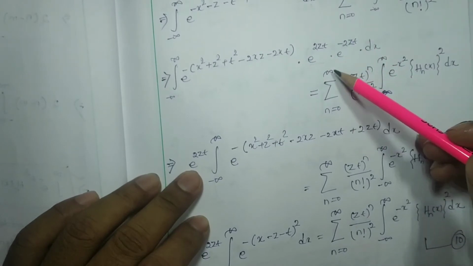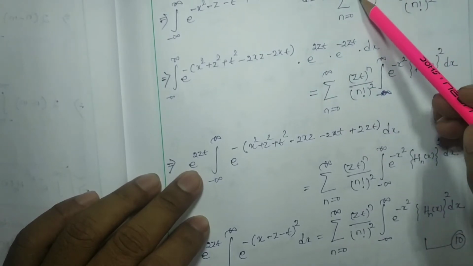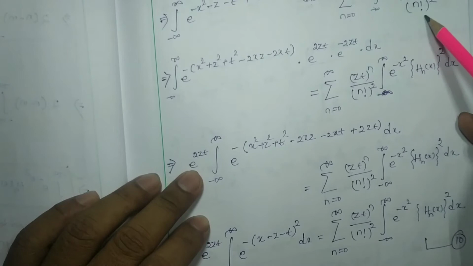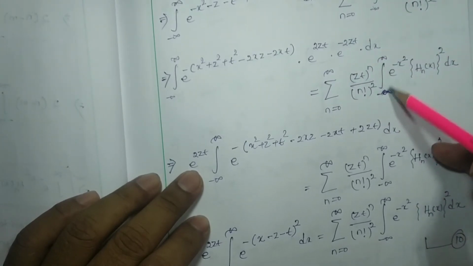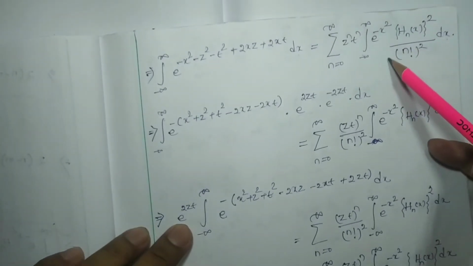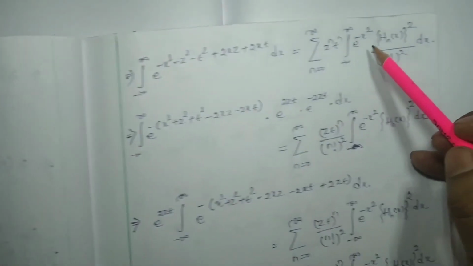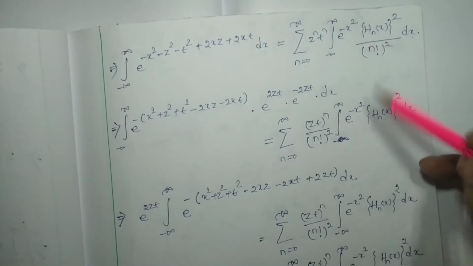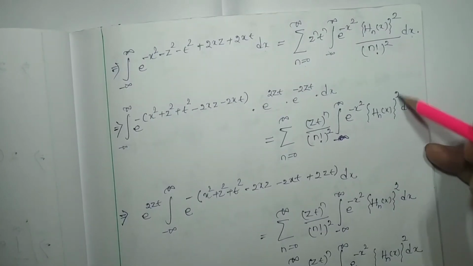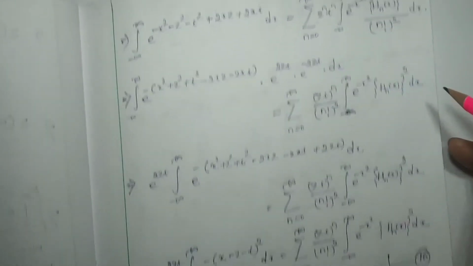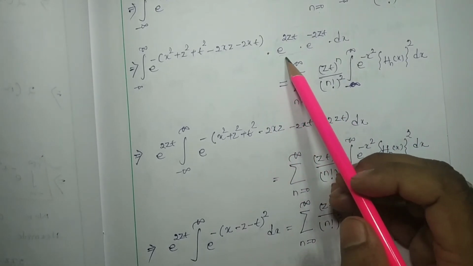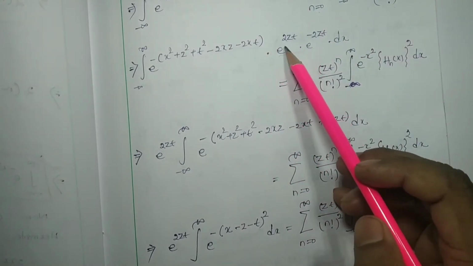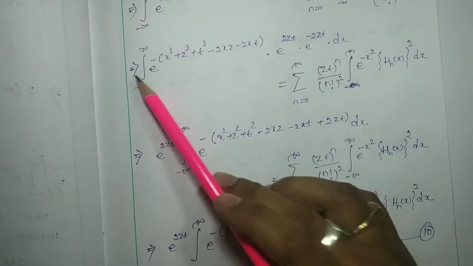It is equal to the summation over n equals 0 to infinity of z^n t^n divided by (n!)², integral over minus infinity to plus infinity of e^(-x²) H_n(x)² dx. Here you can see that e^(2zt) is taken outside the integration.